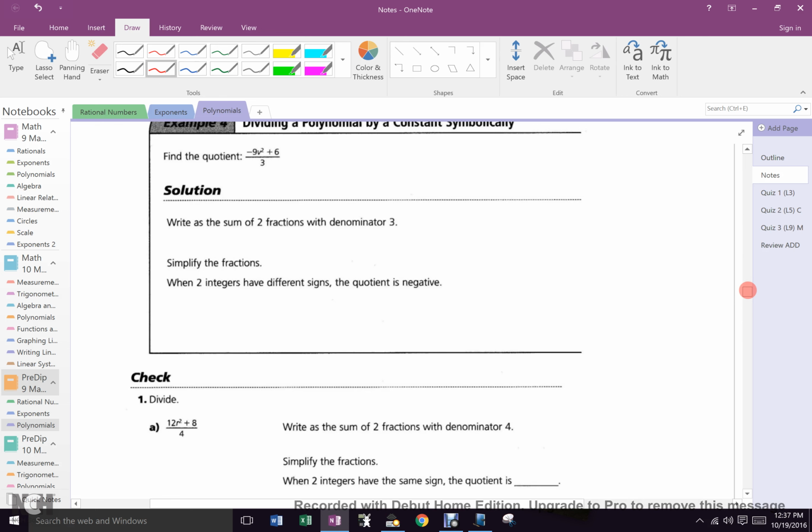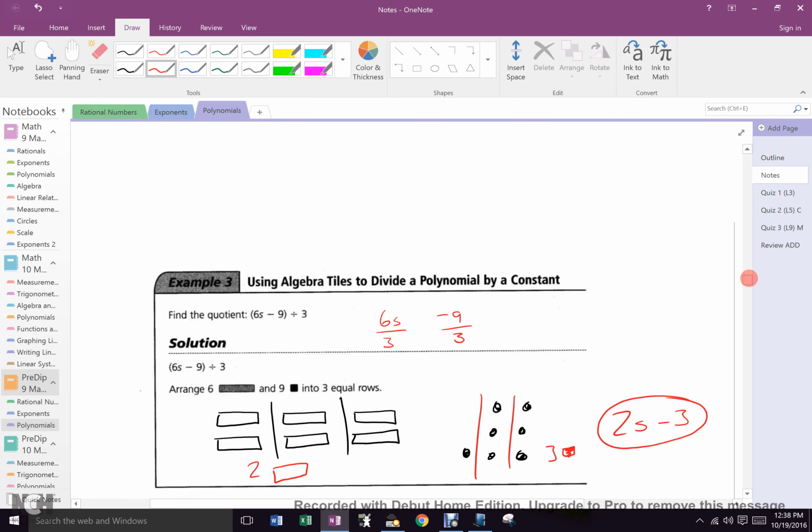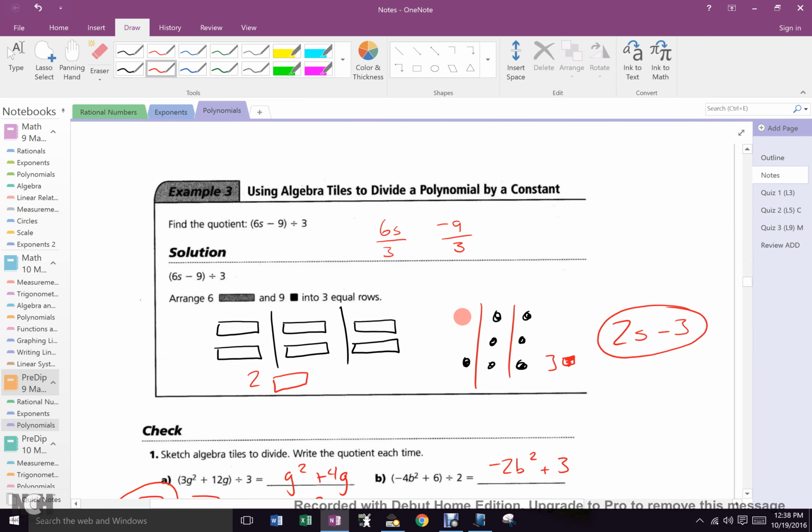So you guys are smart kids, right? You're aware of why this works, right? You're also aware that without even thinking about it, you knew what you were doing here, didn't you? You were dividing each term by 3, yes?